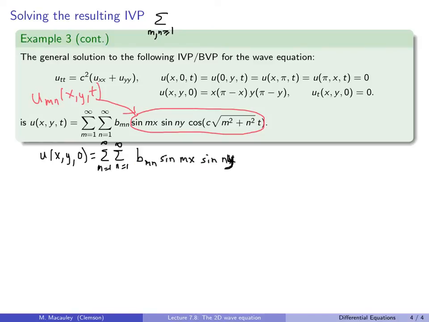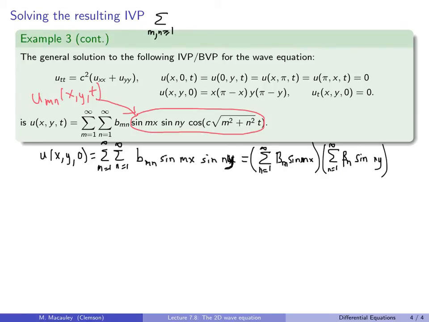Okay, so convince yourself that this can be written as a product of the sum of bm sine of mx times the sum of beta n sine of ny. You may say, how the heck did I factor this as that?